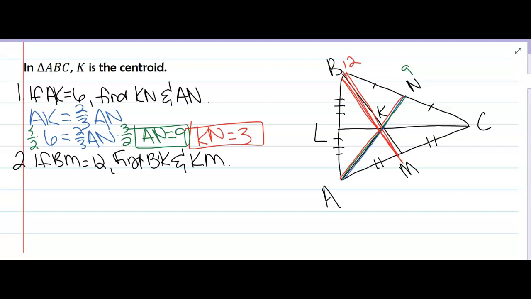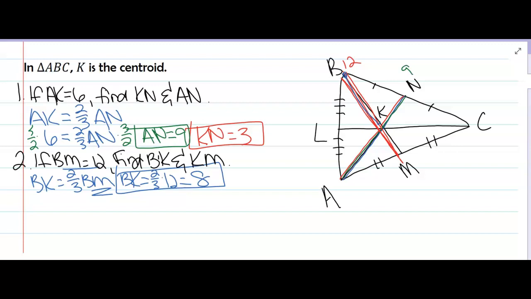So remember, the distance from the vertex, which in this median is B, to the centroid, that BK, is 2/3 the length of the entire median, which is BM. So this one's going to be a little bit easier to find because I know what BM is. They tell me BM is 12. So to find BK, I'm just going to take 2/3 of 12. And 2/3 of 12 should be 8. So BK is going to be 8.